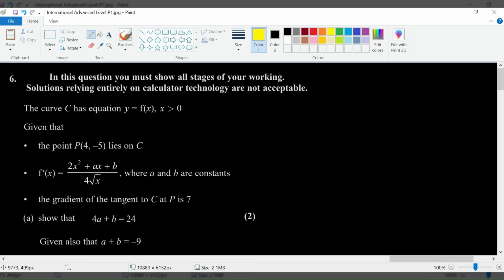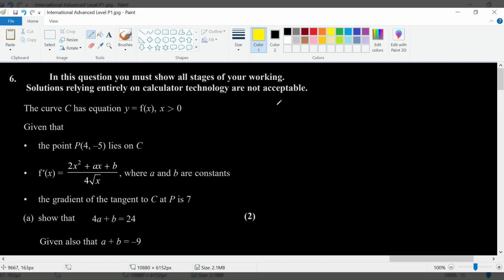Given that the point P (4, 7) lies on C, and f of x is equals to (2x squared plus ax plus b) over 4 under root x, where a and b are constants. The gradient of the tangent to C at P is 7. Now you have to show that 4a plus b equals 24. Okay, let's begin this question.